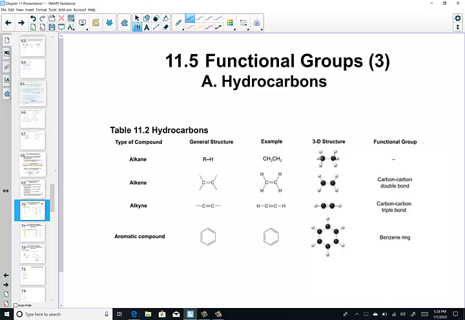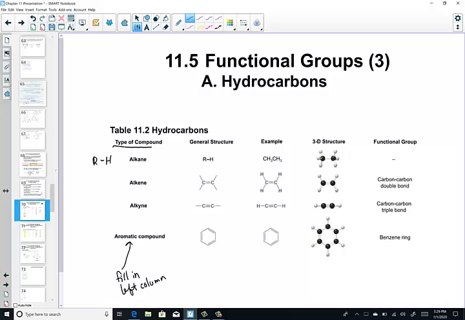This is a chart that allows us to put all of that in an easy to look at learning mode. Table 11.2, we have the type of compound known as an alkane, alkene, alkyne, or aromatic. This is what I'm asking you to fill in the left column. So on the top of your page, an alkane would have a structure there of RH, right?